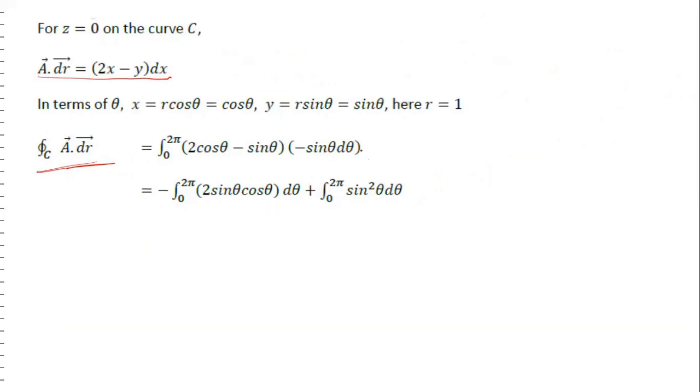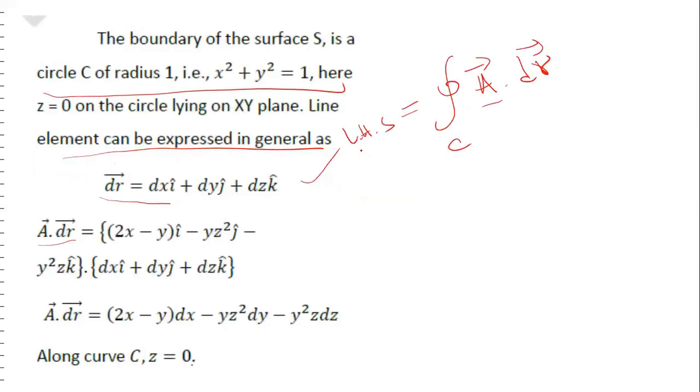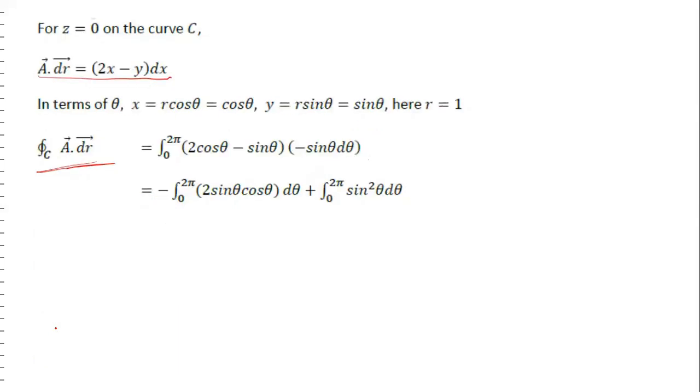Your line element will reduce to that. A dot dr reduces to this.